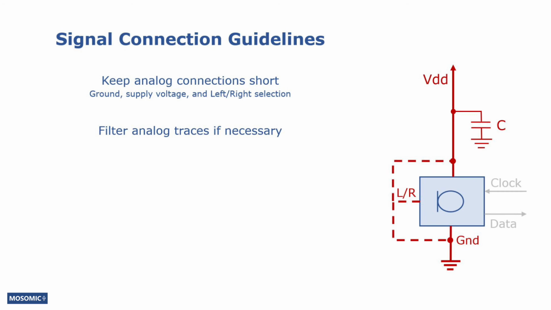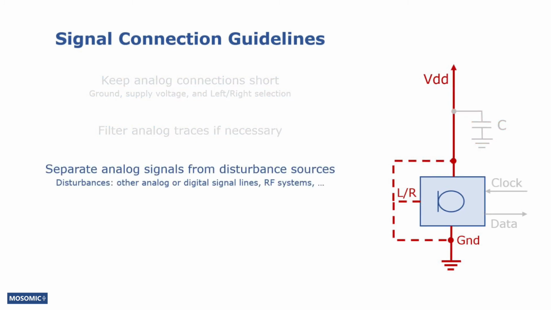They should be kept short. This should be kept in mind when laying out the connections from the left-right selection pins on the microphones to the supply voltage or to the ground. If keeping them short isn't possible for some reason, the system designer must somehow ensure that the signals remain clean. This can be done with, for example, disturbance filtering.